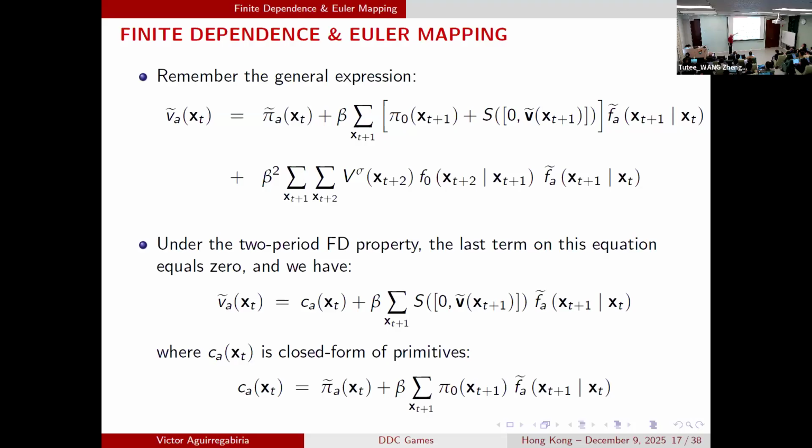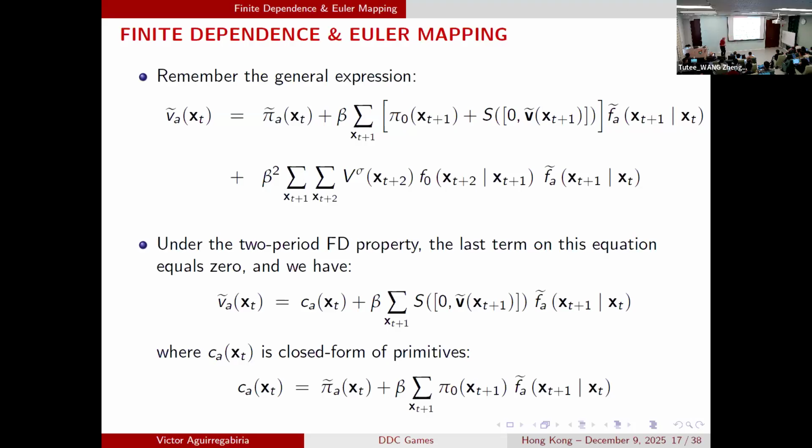And we can write this mapping in this way, where I have grouped in this function everything that is a primitive of the model: the difference between current payoffs and next period payoffs under an arbitrary choice alternative, and the difference of the transition probability between alternative A and alternative 0.